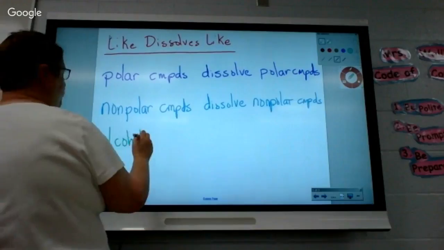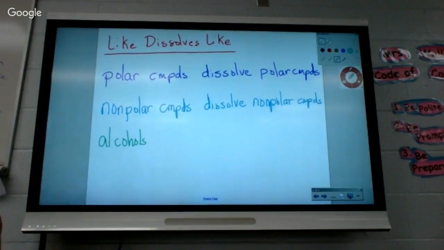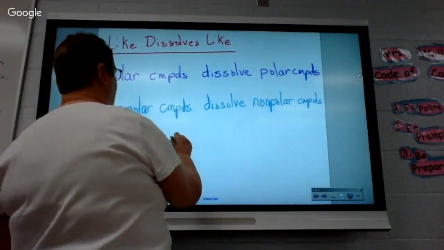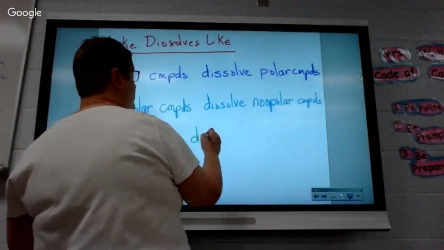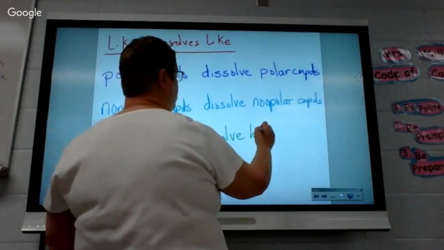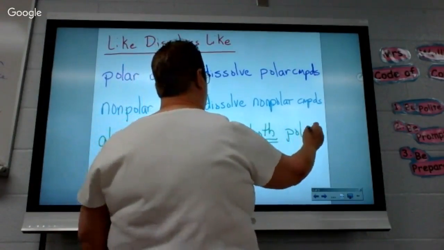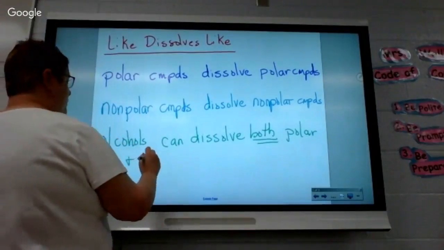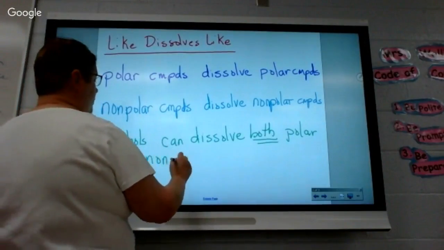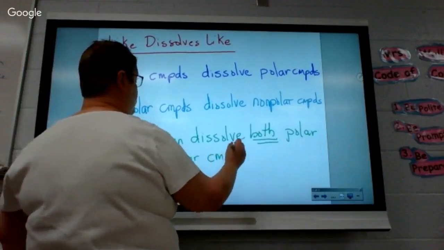Now, where we have trouble is when we throw in alcohols and ionic compounds. Alcohols can dissolve both polar and non-polar compounds.